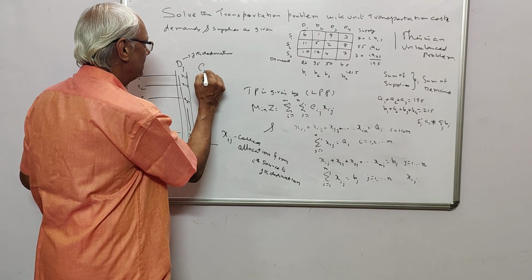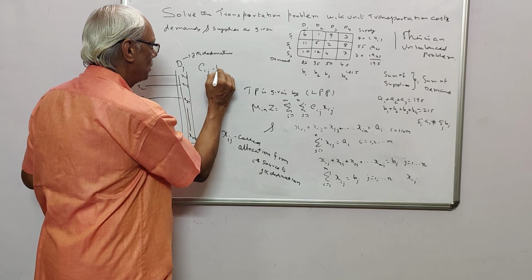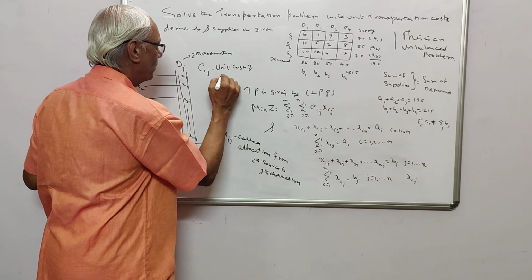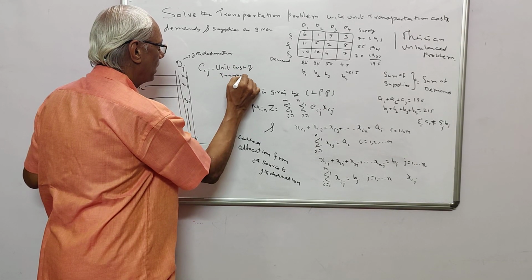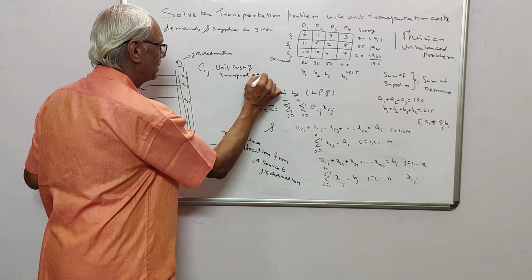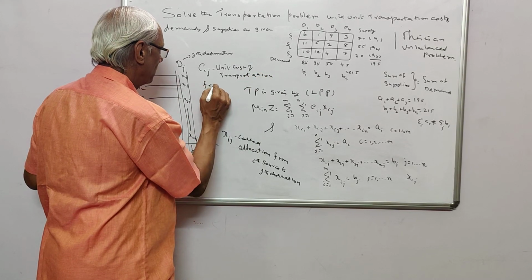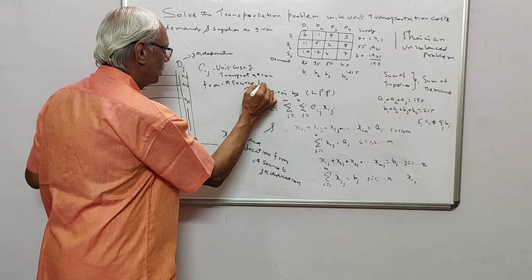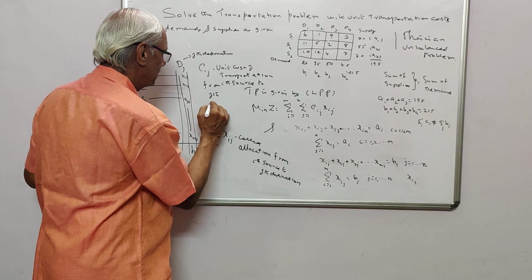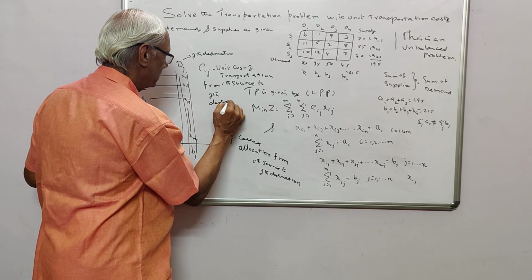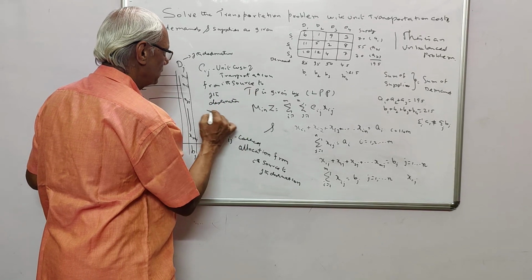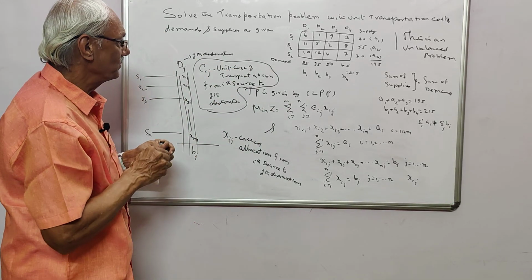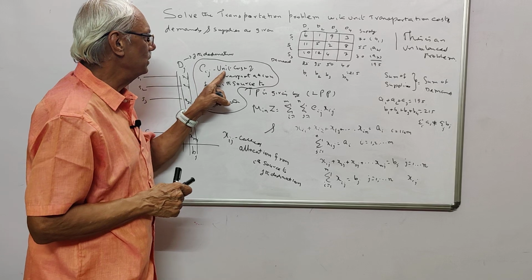And what is that Cij? Cij is the unit cost of transportation from the ith source to the jth destination. So Cij is nothing but the unit cost of transfer.